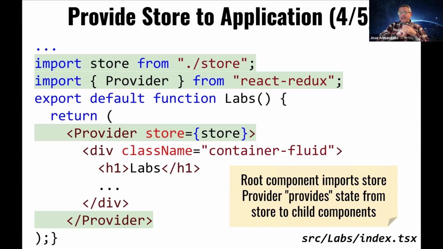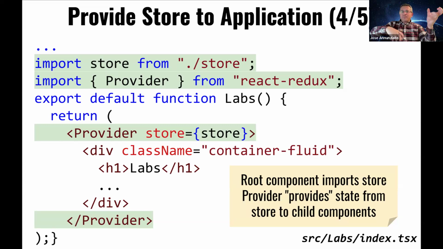Even if lab 4 is writing to the state, lab 1 is going to be able to read it. Actually, any component under lab 1 or any component under lab 2 is going to be able to read the data without us specifically passing any data through any attribute.